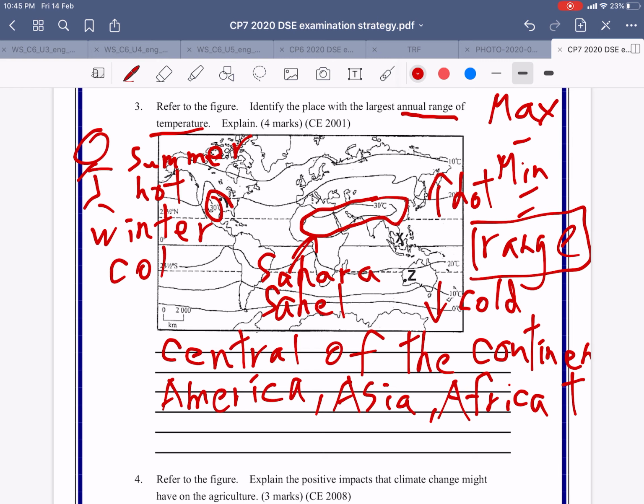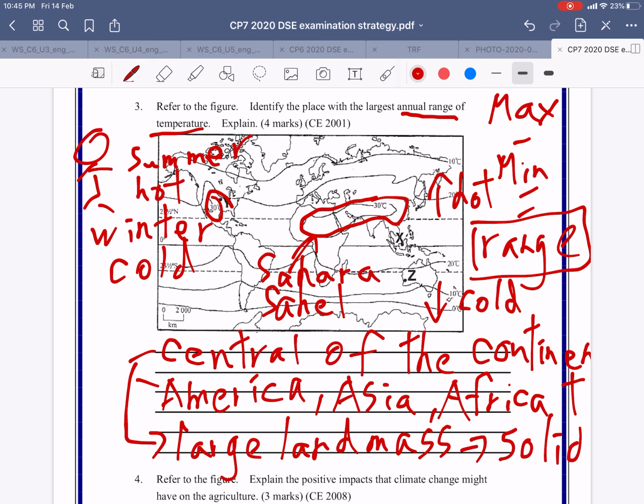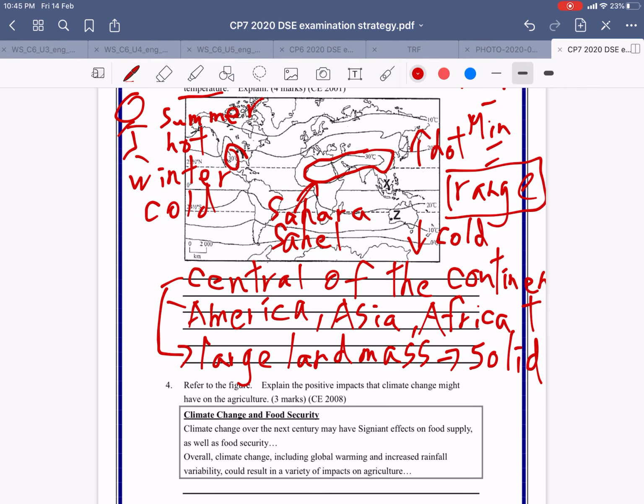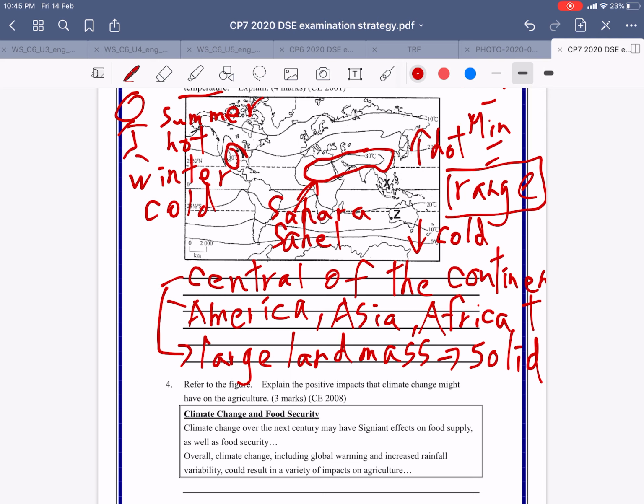Why? It's because most of the central of the continent is made up of a large landmass. A large landmass is a huge solid, just like iron. When you touch iron in a very hot temperature, you feel very hot, and when you touch it in a very cold temperature, it's also very cold.